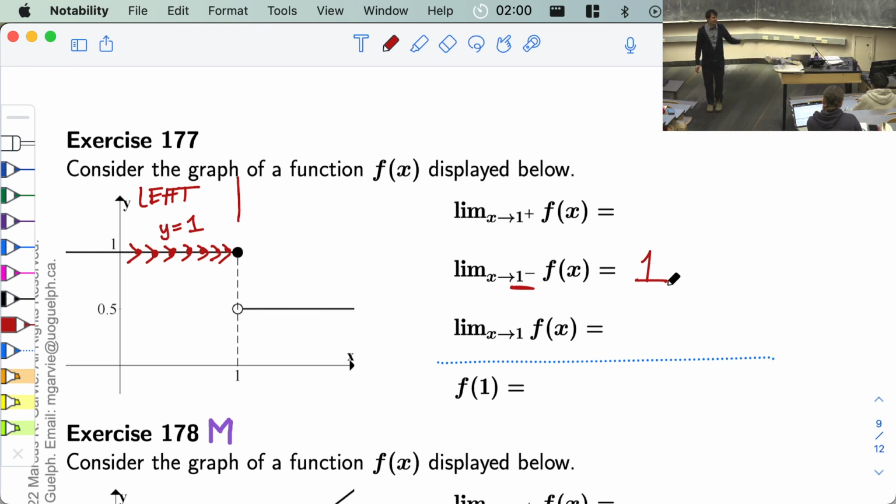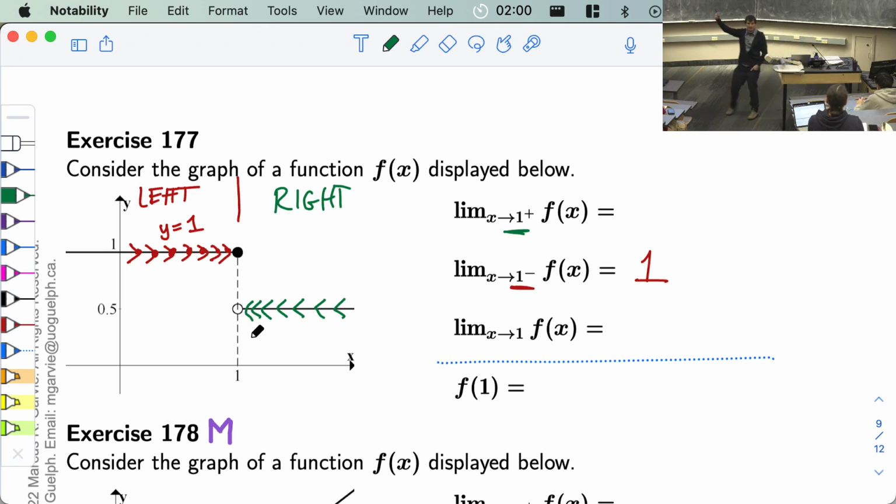You could do it in Desmos too as an animation. Imagine the x values sweeping over, getting really close to x equals 1, and the y values are just always 1. On the other hand, we have the right limit on this side, where we're looking at x values a little bit bigger than 1, approaching x equals 1 from the right side.